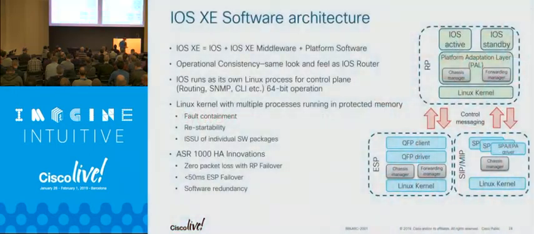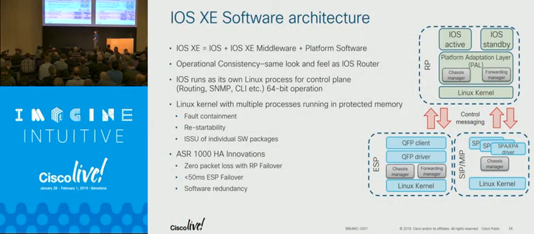All right, let's talk about the software architecture. The ASR 1000 is running IOS XE operating system. I mean, this shouldn't be new to you, right? The IOS XE operating system is optimized for enterprise networking. It's available on your ASR 1000, on the ISR 4000, ISR 1000, the Catalyst 9000 switch, the wireless LAN controller.